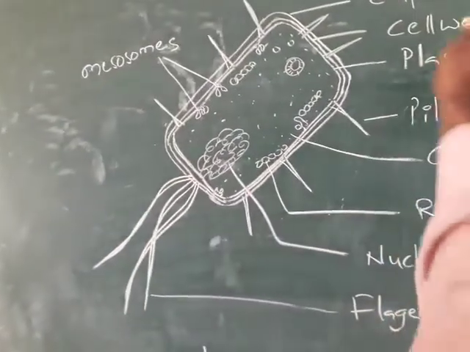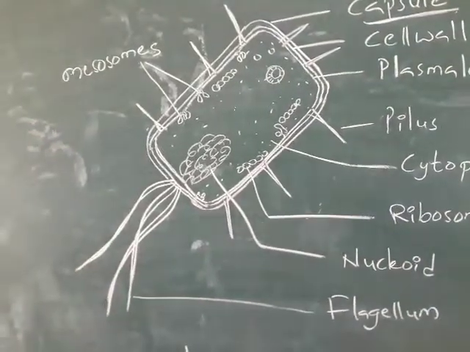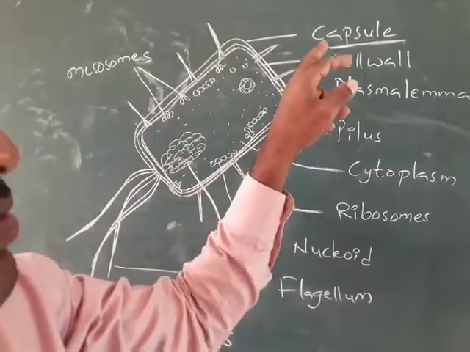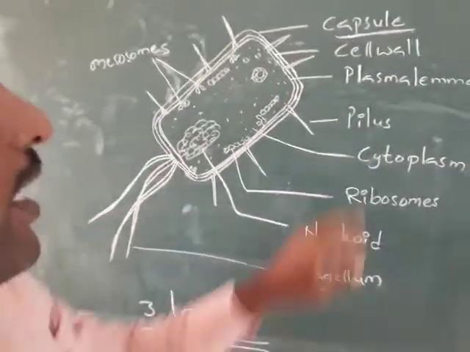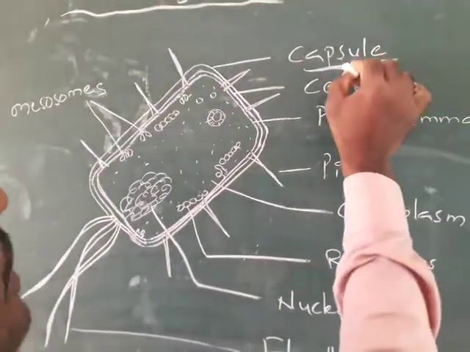Yes, see here it is a typical bacterial cell structure, and the first one is the outer layer, that is the capsule. The first one is the glycocalyx.